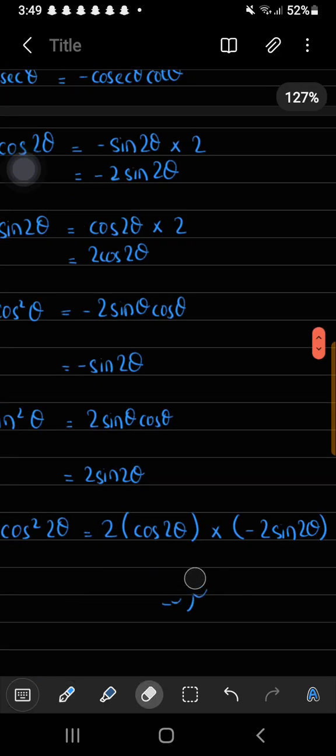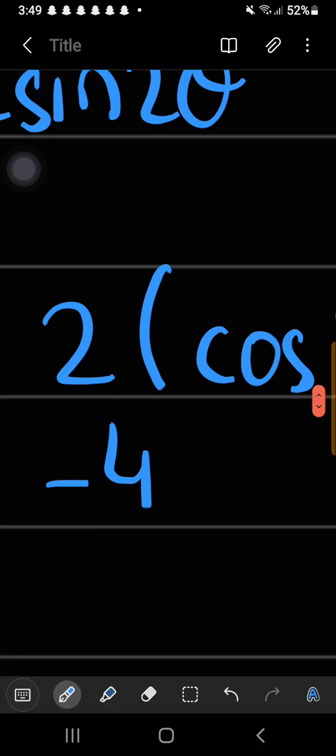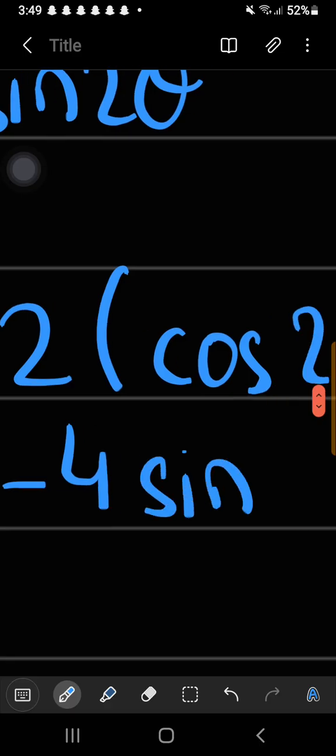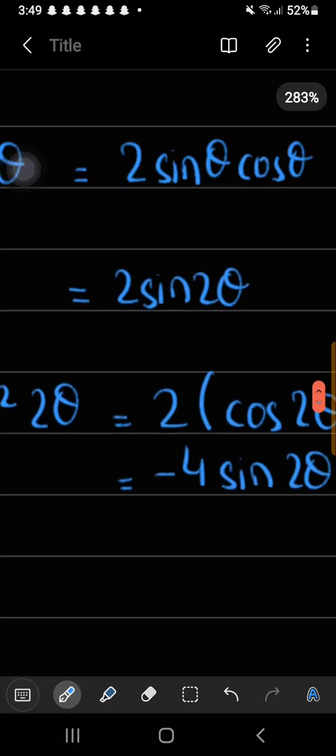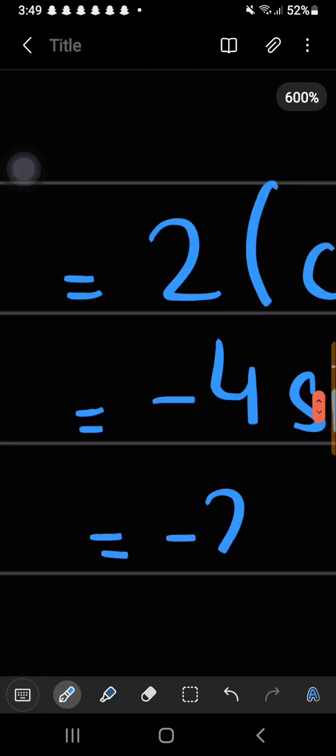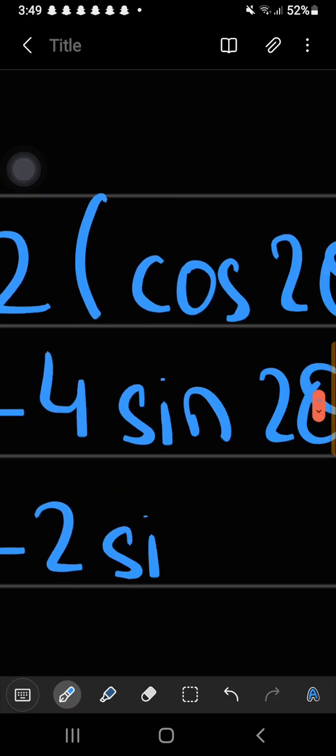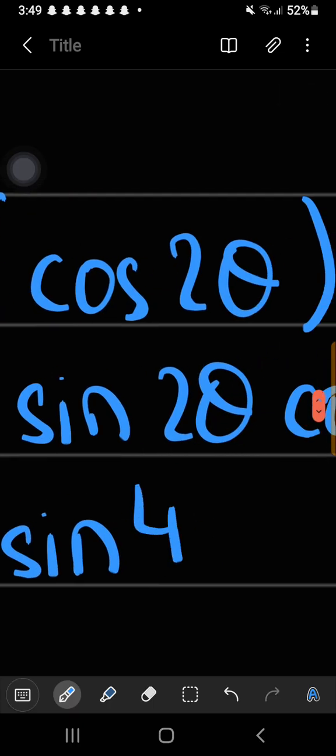So it is negative 4 sine 2 theta cos 2 theta. So we can write it as negative 2 sine 4 theta, okay?